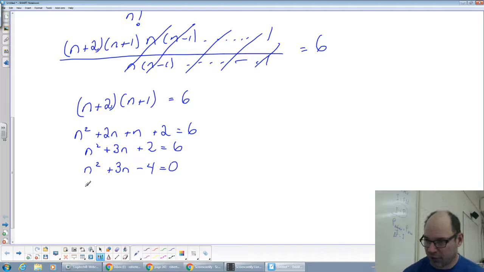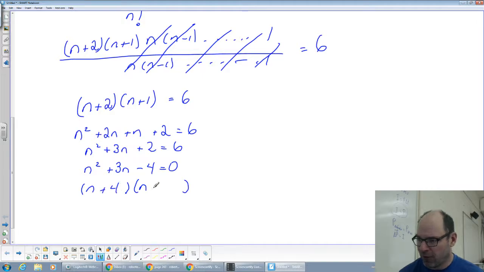Okay, I've got to go right away, but I'll just finish this off. So here we're going to factor this. Now we need two factors that multiply to -4 and add to +3. That would be +4 and -1. If we multiply them, it gives us -4. If we add them, it gives us +3, equaling 0. So then we solve it.